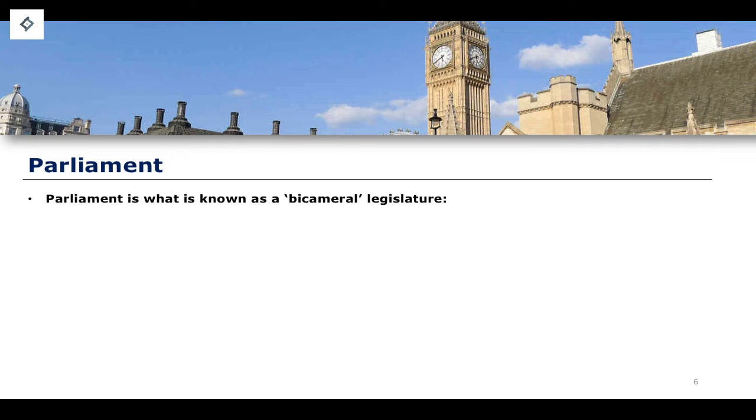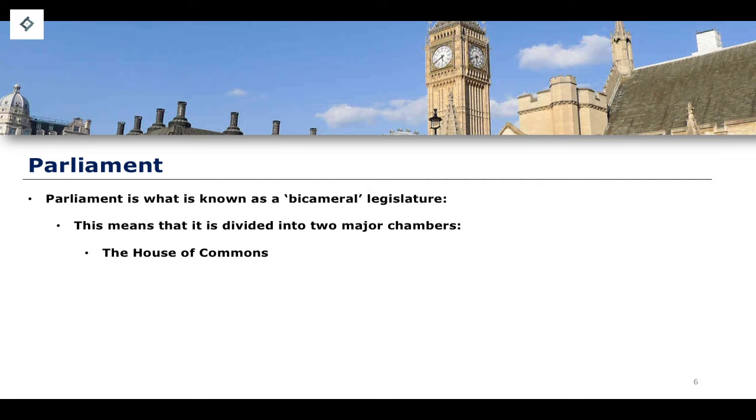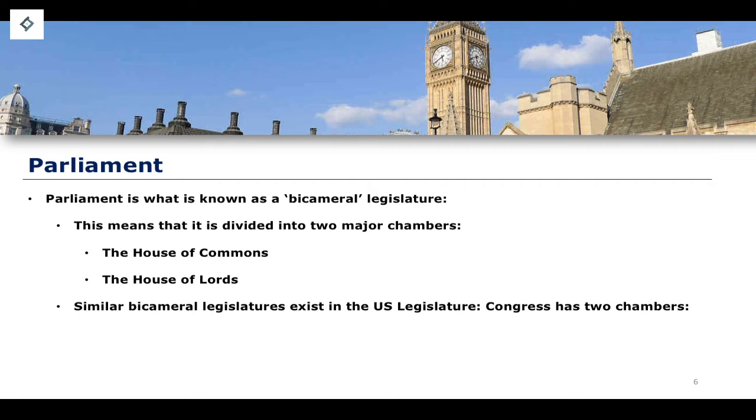So, ultimately, let's think about the structure of Parliament then. Parliament is what we describe as a bicameral legislature. What does this mean? Well, it means that it is divided into two chambers. You have the House of Commons and you have the House of Lords. Similar to other legislatures in other parts of the world, again, I refer to the United States. The US legislature is, of course, Congress, at least at the federal level, and Congress has two chambers as well.